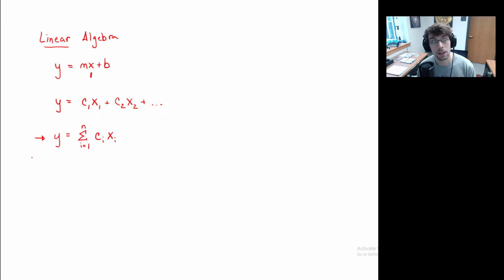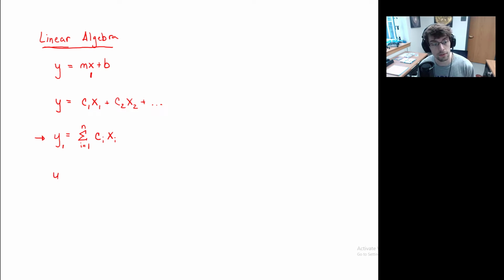Linear algebra tends to look at not a single linear equation, you guessed it, but a system of linear equations. So I've written one here, and say there is a second equation that I can write. I'll call this one y1. Perhaps there are two equations that you want to simultaneously solve.